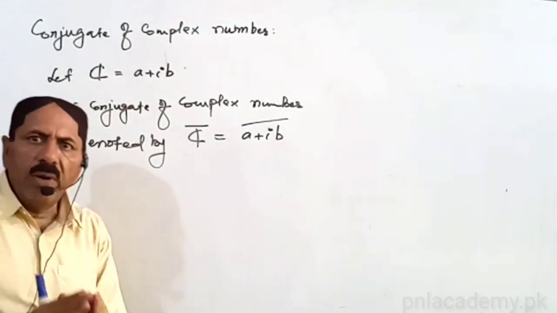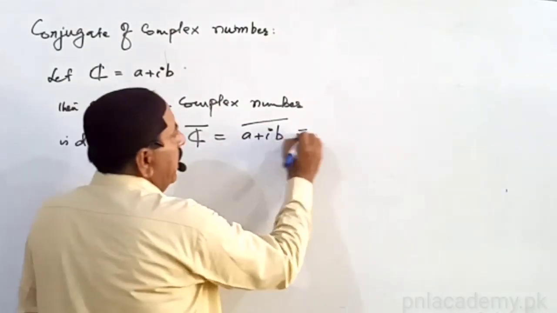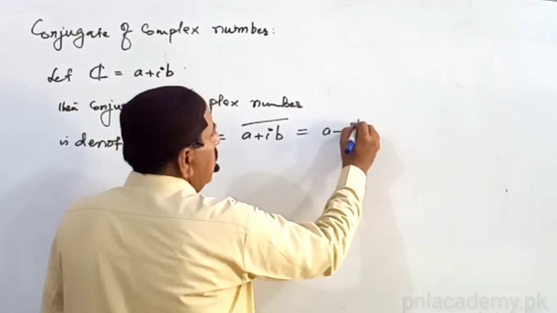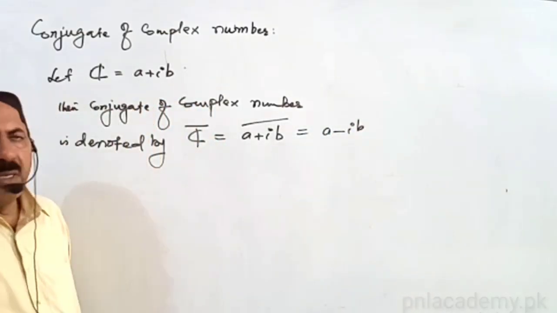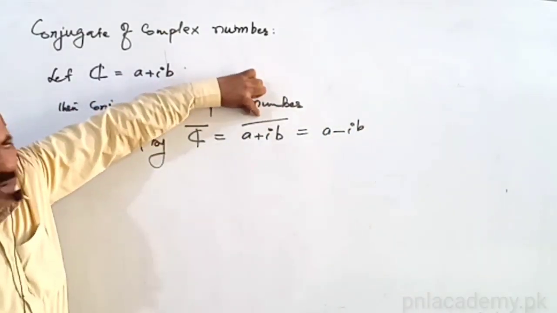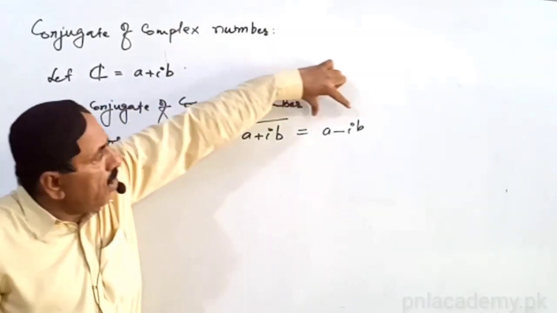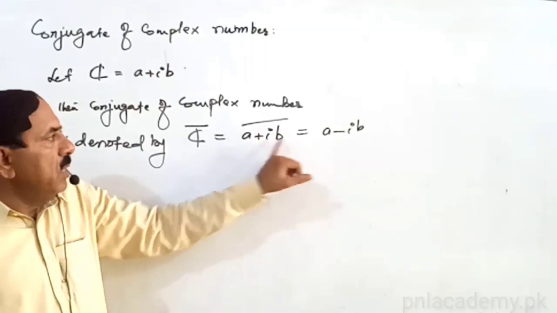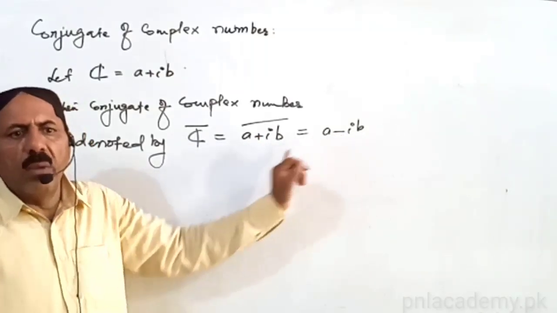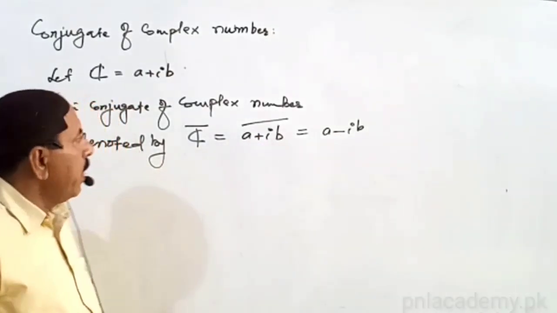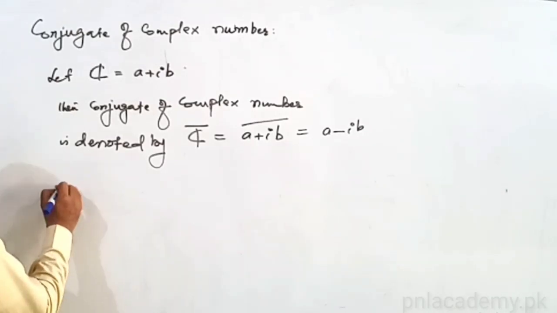After removal of the bar, we will get the result a minus iota b. Means when the bar is lifted, the sign between real and imaginary part change from positive to negative and from negative to positive.